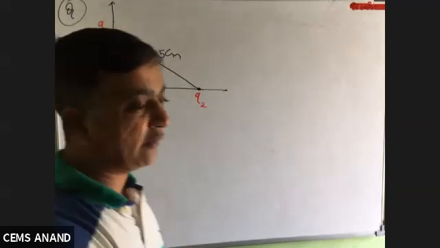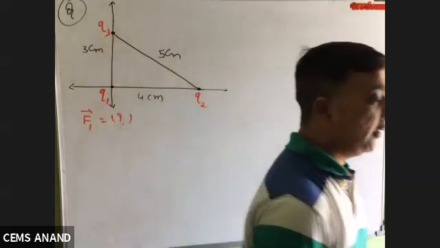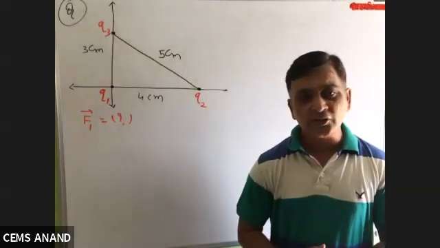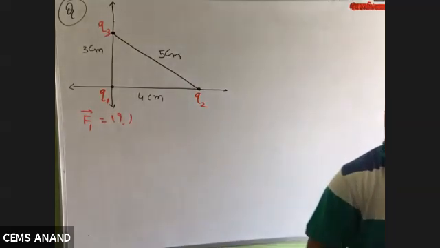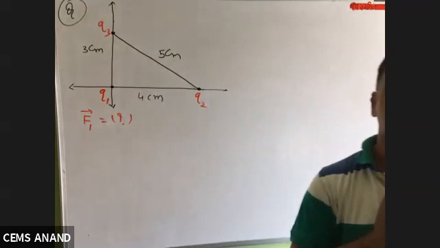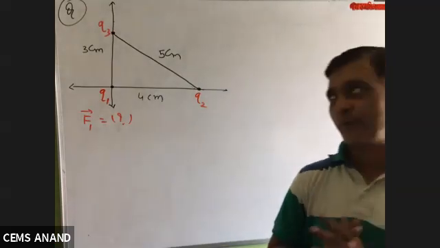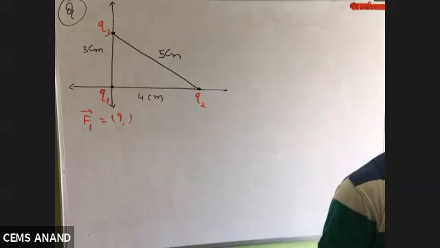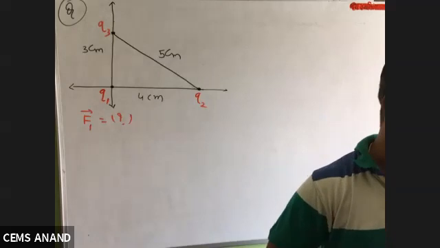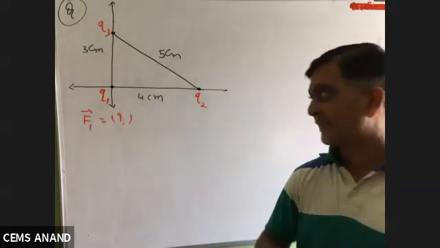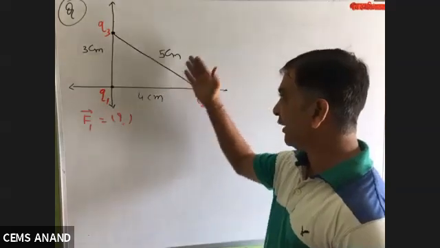Let me repeat the question once again. Please check. The equal charges, each having a magnitude of 2 into 10 raised to minus 6 coulomb, are placed at the 3 corners of a right angle triangle of sides 3 centimeter, 4 centimeter, and 5 centimeter.